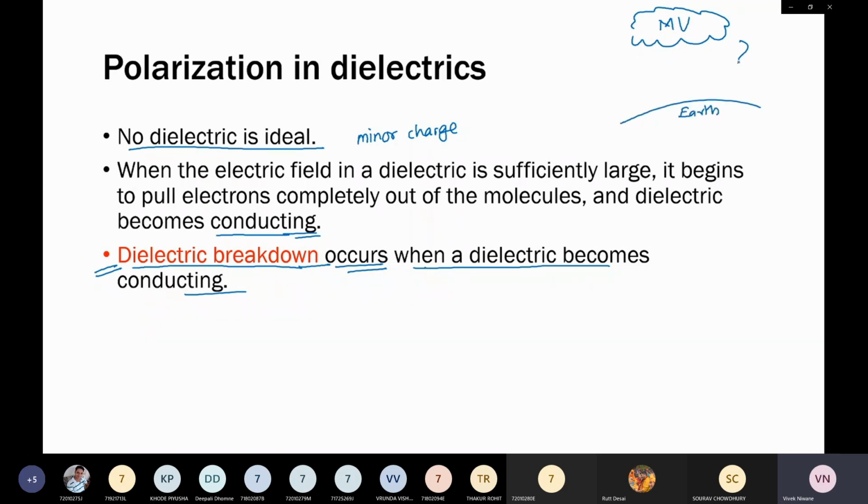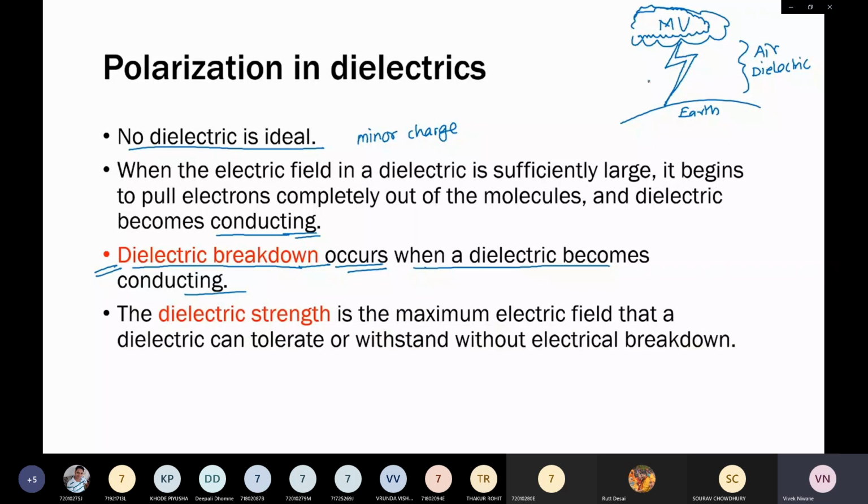In between we have air, which is acting as a dielectric material, and whenever a huge amount of voltage is created in the clouds, it breaks the air acting as the dielectric medium, and it gets shorted to the earth. Lightning. We have seen this phenomenon.